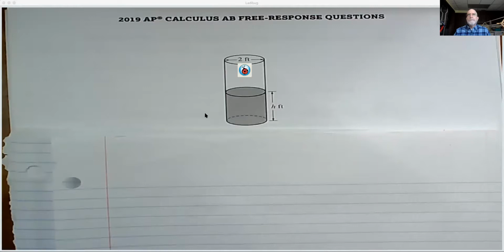Do you see this cylinder that's 2 feet in diameter and it has a certain height? Yes? No? Anybody? Yes. Okay. Because I don't see you guys, so I don't know. Alrighty. So that's what we have.